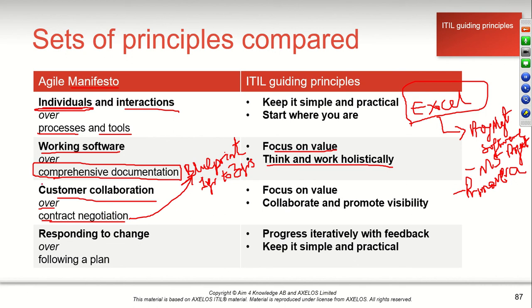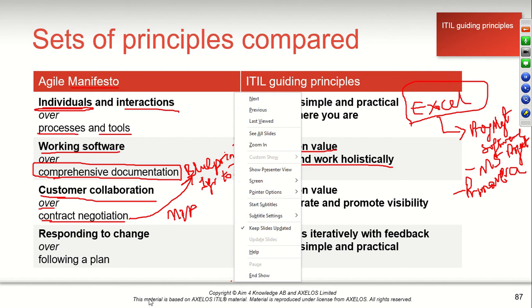But Agile says you should do more of customer collaboration than contracts. In customer collaboration, what do we do? You develop a minimum viable product, a working software that has some of the features that the customer has briefed you about, and you go and show it to the customer. When you show it to the customer, you are showing it to them because you want them to collaborate with you. That's why you are showing it to them.